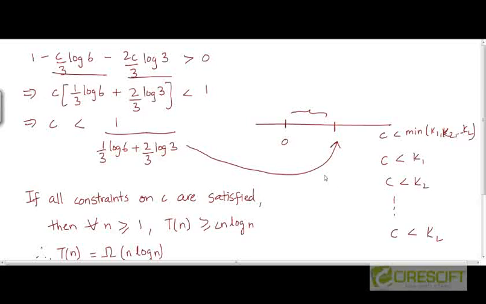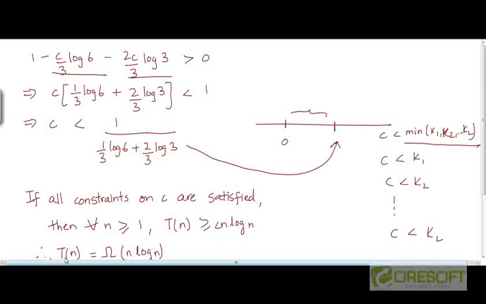we are guaranteed that the claim which we want to prove will hold for all base cases and will hold for all n greater than or equal to 1, because 1 was the first base case for which the claim was true. So if we choose a value of C less than the right hand side of all the constraints we had for C, then we can say that T of n will be bounded from below by C times n log n for all n greater than or equal to 1.